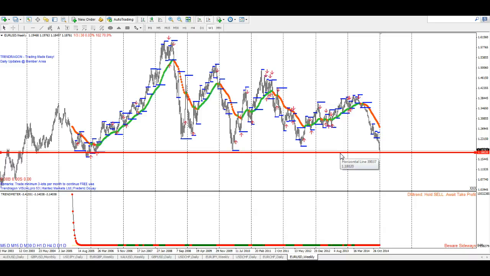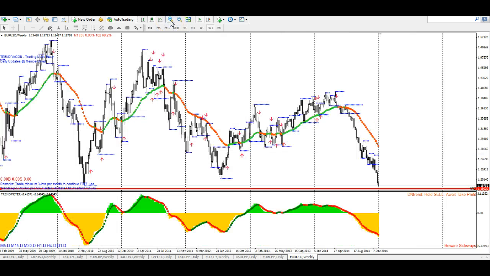There is no reversal pattern in the chart that tells us the market is ready to change the trend. So if there is no reversal pattern, then it should keep going down until it creates a reversal pattern.